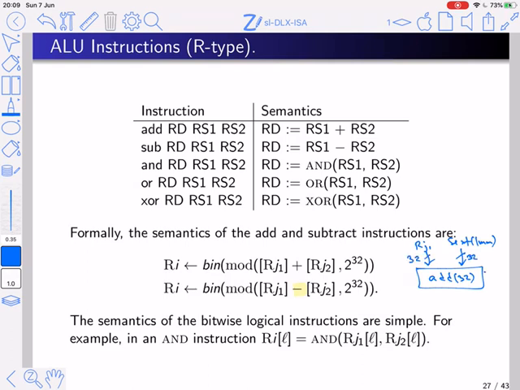And now in a subtraction, I have to input a 1 here to perform the, sorry, I'm wrong here. This is wrong. In a subtraction, I take the bits of RJ1 and I negate them. So this is the way this subtraction takes place. Okay, you could also write the semantics like this. Will give you an equivalent expression. Very good.